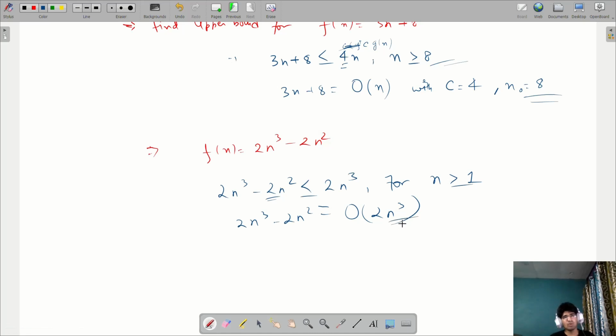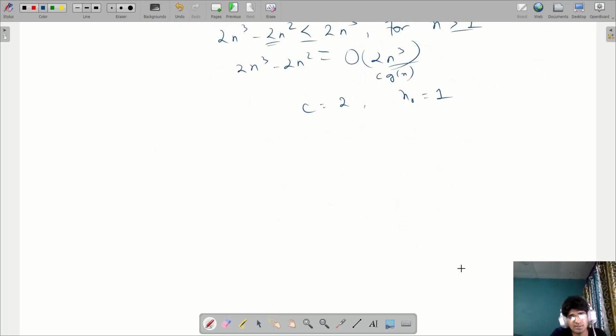But with this n cube, will the exact 2 matter? No, not at all. So we will have c equal to 2, that is c·g(n), and n naught is going to be equal to 1. Simple as that.